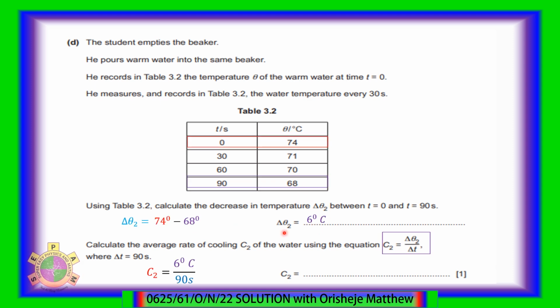That will give me 6 degrees Celsius. Then calculate the cooling rate. So 6 degrees divided by 90 seconds. That will give me 0.067 degrees Celsius per second. So you have your 1 mark.